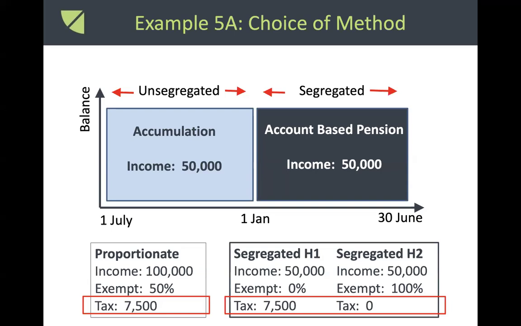Now, in a previous webinar, I ran a poll asking which method accountants and financial planners find more intuitive. And the vast majority said they find the proportionate method more intuitive. And I also do. And for that reason, I would lean towards the proportionate method in this situation when it doesn't make a difference and when you have even income throughout the year. But that's a personal preference.